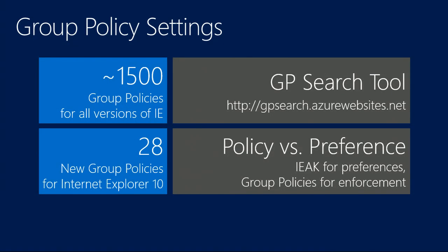Yes, there was a hand, I think. That's a good point. The point is made, the only way to configure IE10 in a Windows 7 environment is with Windows 8 or Server 2012, obviously.